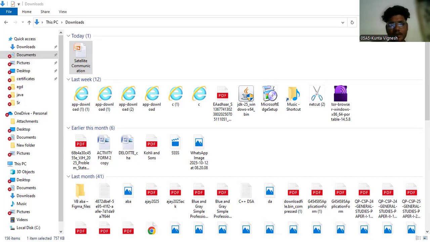Satellite orbits and coverages. Here there are three types of satellites: geostationary, MEO, medium Earth orbit, and LEO, low Earth orbit. Low Earth orbit covers comparatively less.